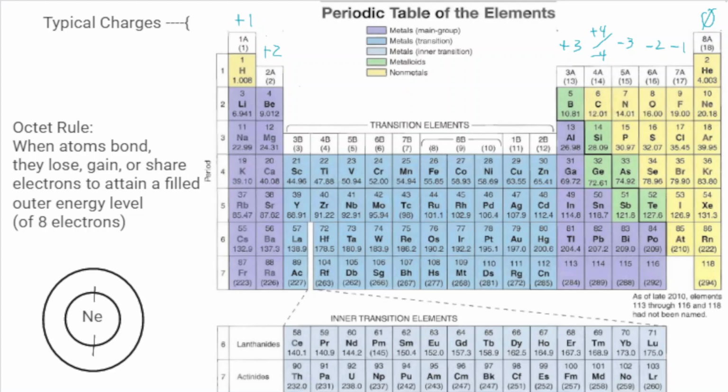Alright, so now our neon has reached this electron configuration, has a filled outer energy level here, and so it's a noble gas, so it's not going to be very reactive.